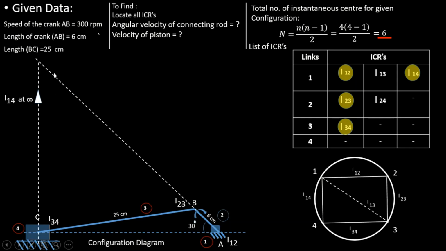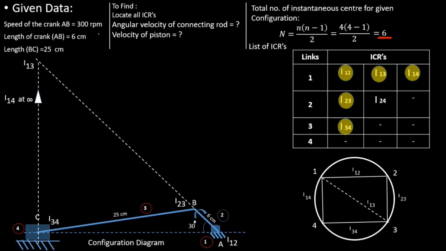We will come to this part later on, because why is it intersecting? The reason is that for the second triangle we have instantaneous center I14 and instantaneous center I34. On this line we have 1 4 at infinity and 3 4 at this point. That is why both the lines intersect at this point, and at the intersection we get the instantaneous center I13. So we have located I13, and we'll mark it in the table.